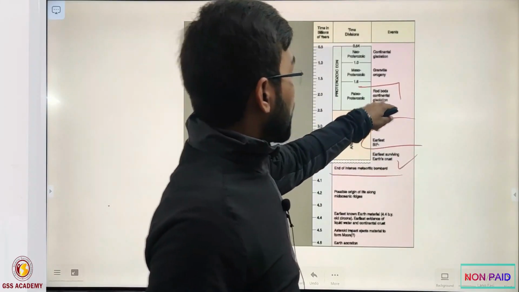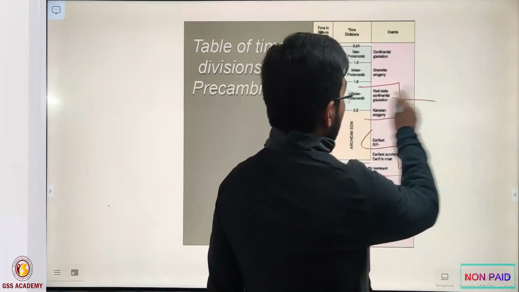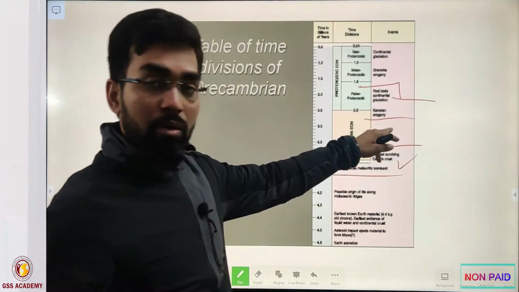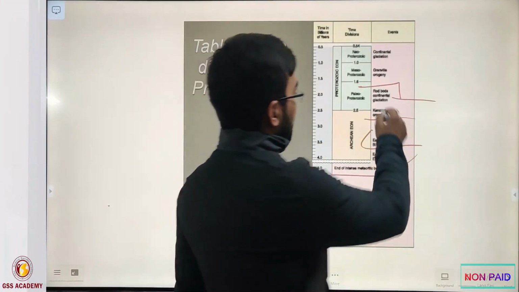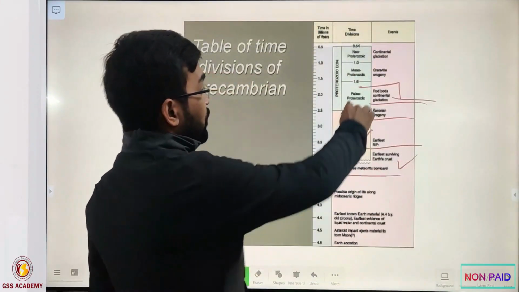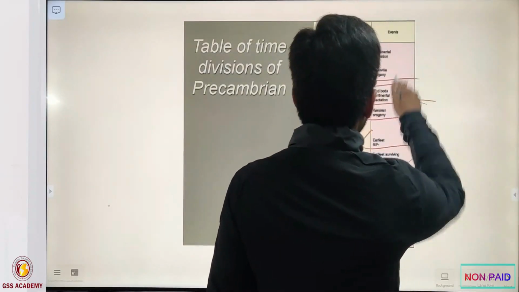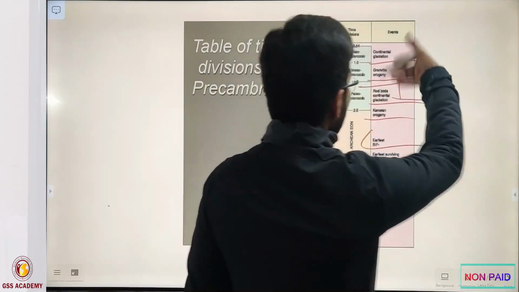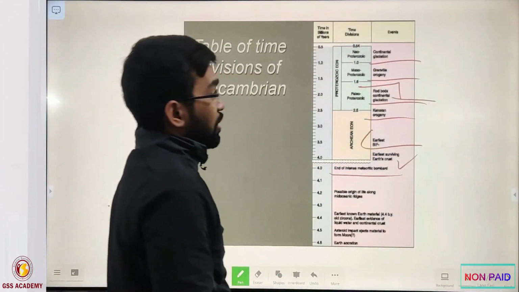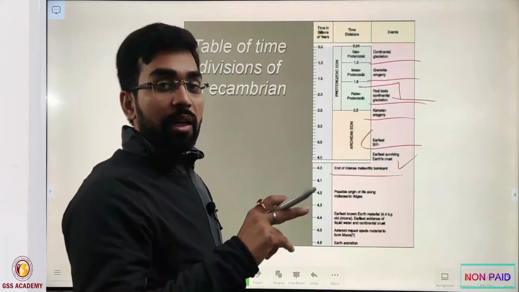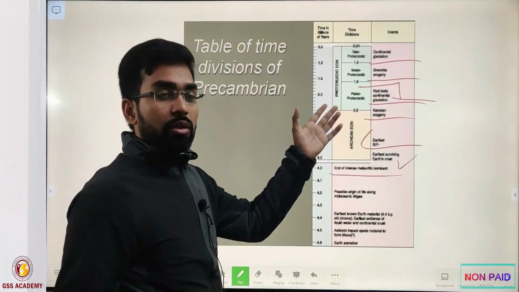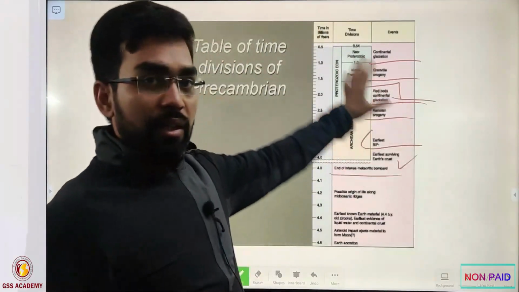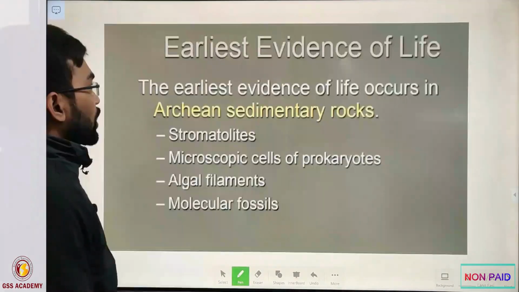One of the first major continental glaciations was in the Paleoproterozoic, about 2.8 billion years or something, 2.7, or in some accounts 2.4. After that the Granulite orogeny was in the Mesoproterozoic, and in the Neoproterozoic there is also a continental glaciation, known as the Cryogenian glaciation, at about 635 or 630 million years. So these are the major events that took place in the Precambrian.